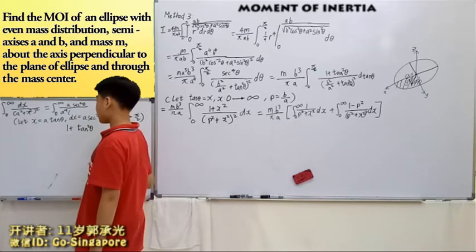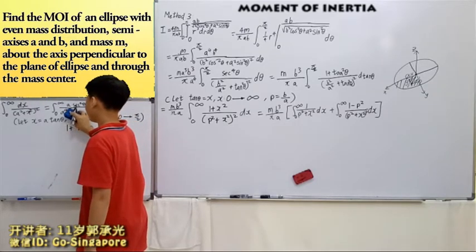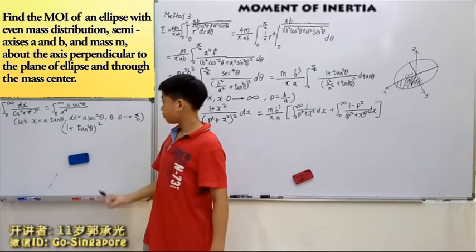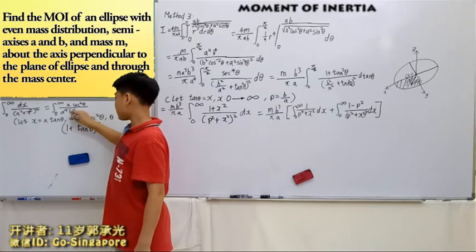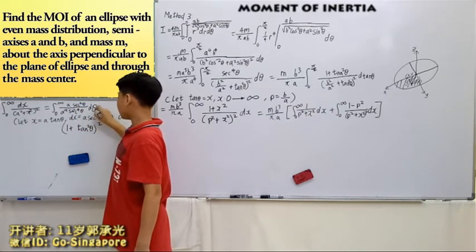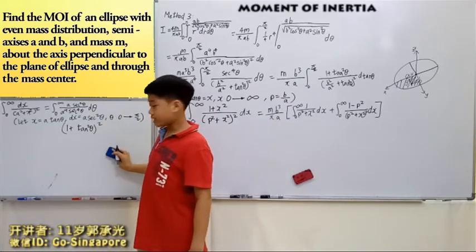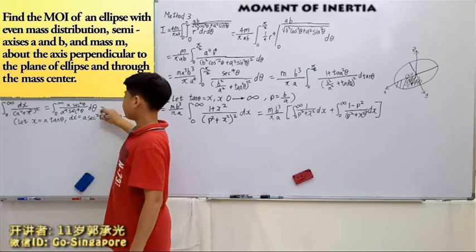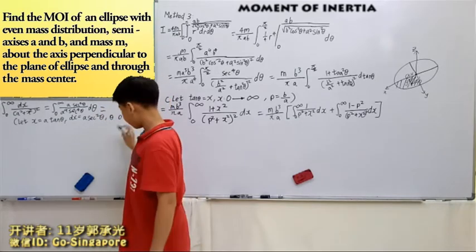That will change into a secant square theta. But then square again. That makes secant to the power of 4 theta. Then d theta. Am I right? Then simplification.